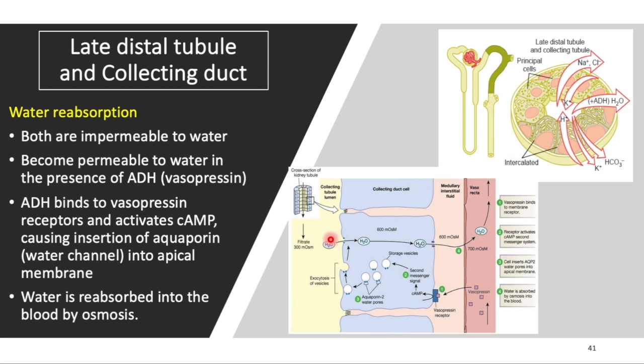This will allow water to be reabsorbed into the blood via osmosis. So, even though they are not permeable to water, with the presence of ADH, they become permeable to water.